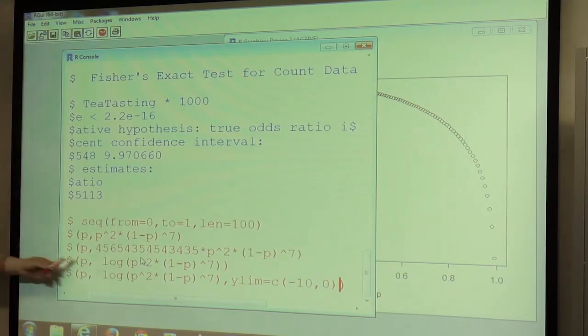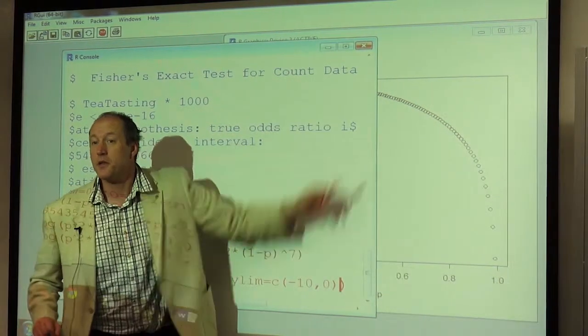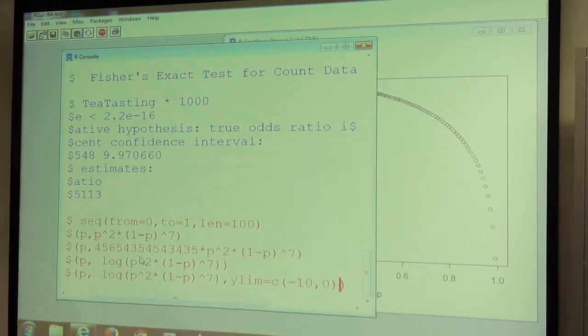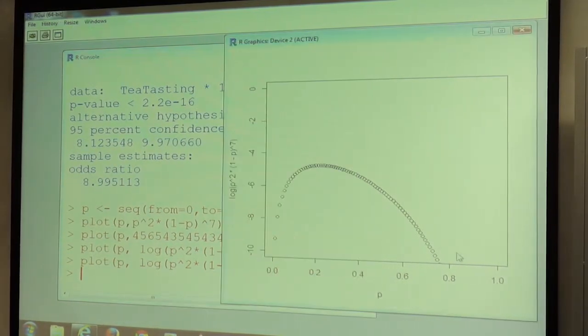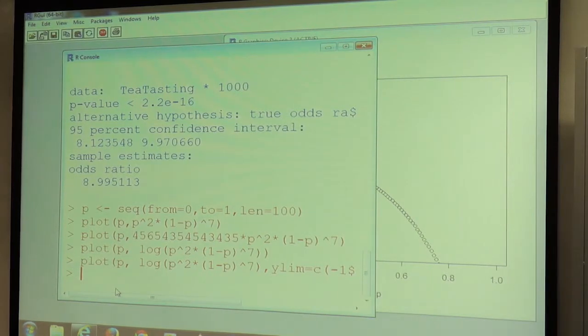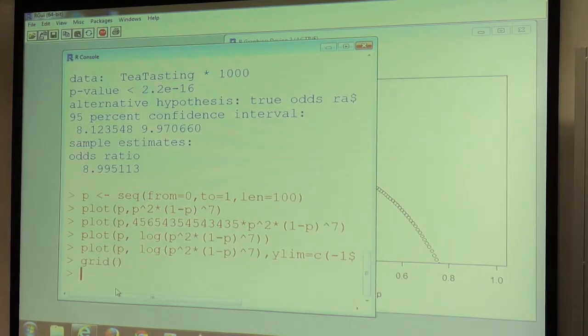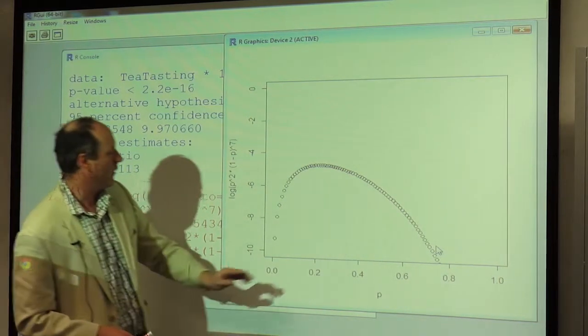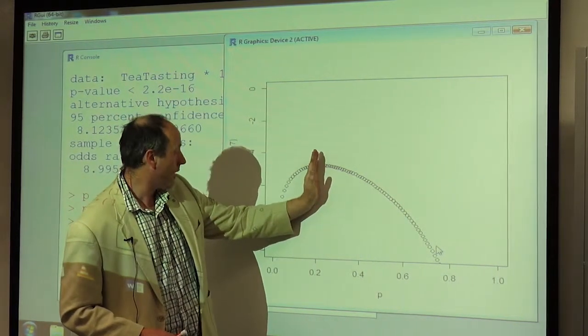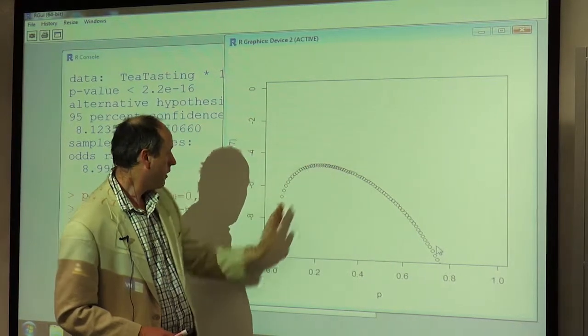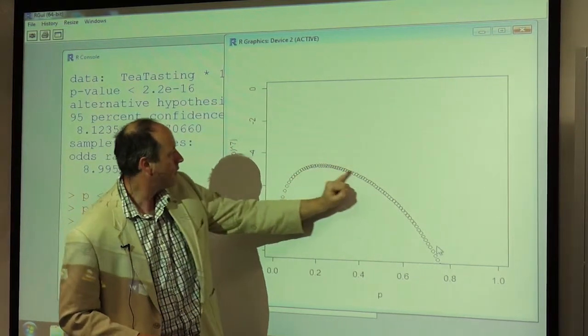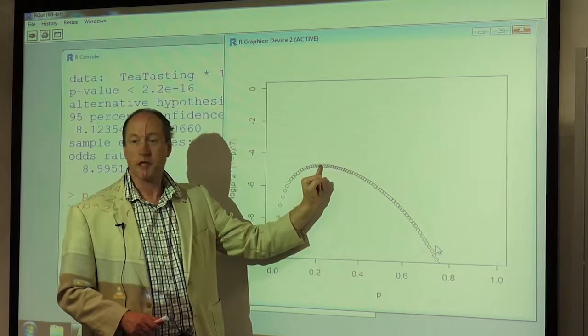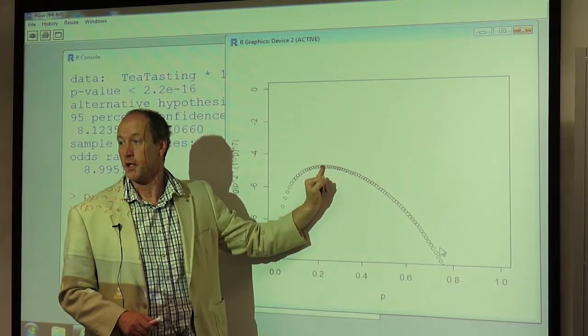When I put ylim in, it sets the vertical limits of the plot. So we can see a bit more detail here. There you go. So there's my log likelihood, and I'll put a grid on it. So here's my log likelihood curve, which has come up to the maximum there of about here, 0.22. But we can see that it falls off. So that's the maximum likelihood estimate, or the maximum support, because I'm plotting it on a log scale.